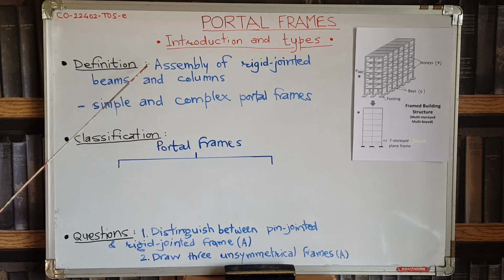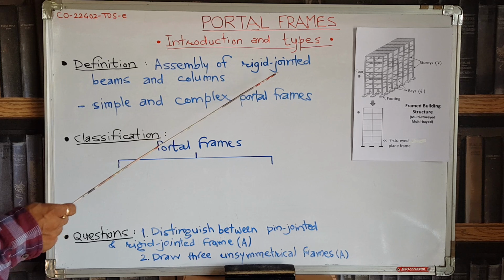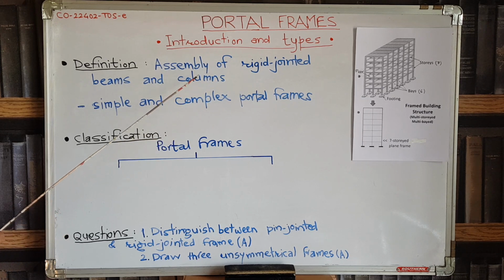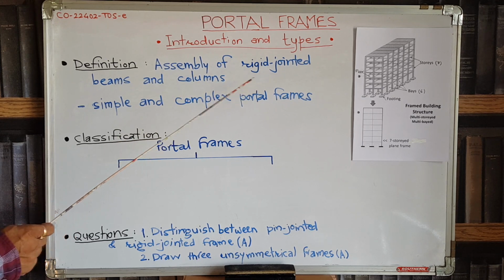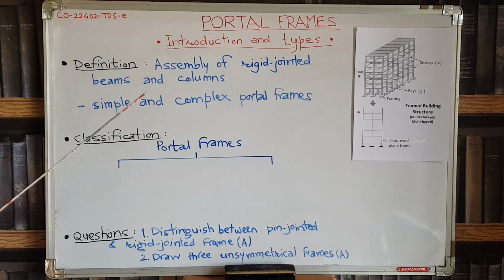So a portal frame is an assembly of beams and columns, but an important condition is that it is having rigid joints. The joints between the beams and columns are rigid. Now the meaning of the word rigid joint is that at that joint a beam and a column are not free to rotate, so they have to bend in order to resist the load.